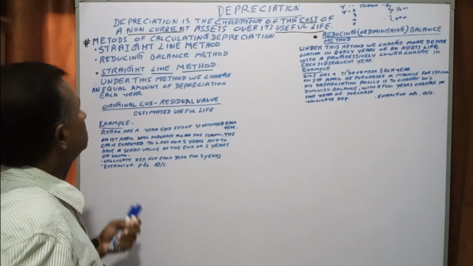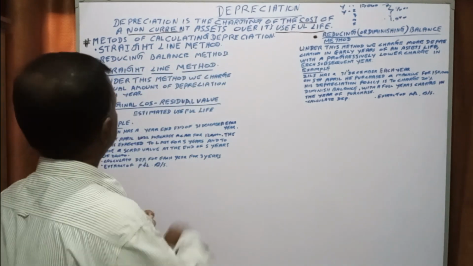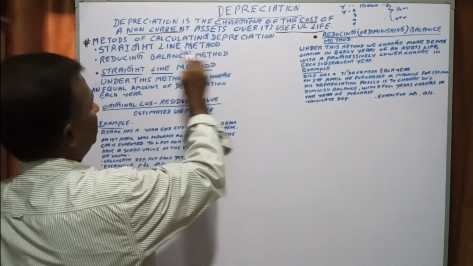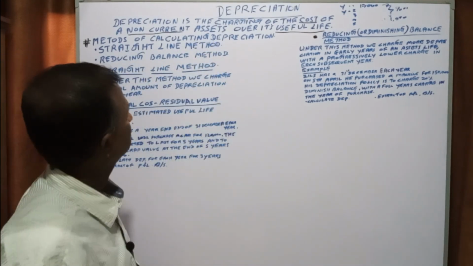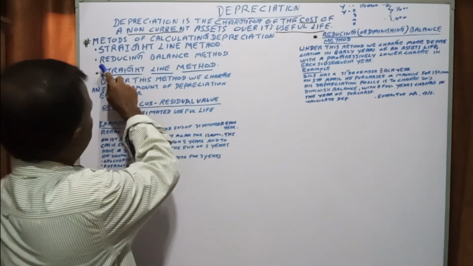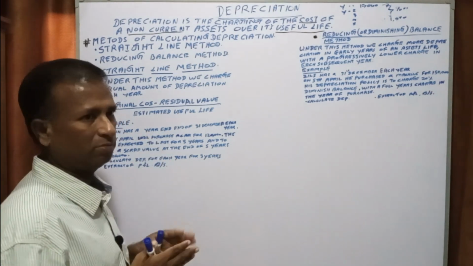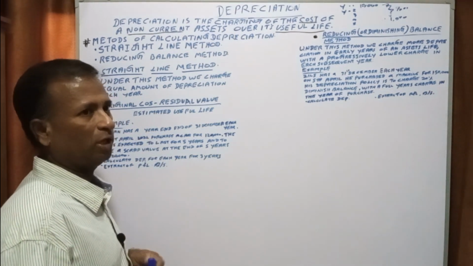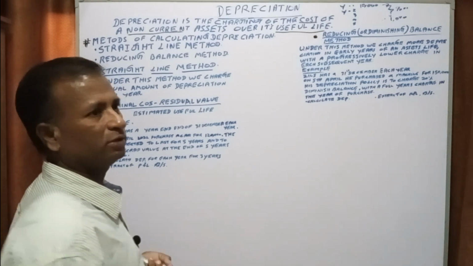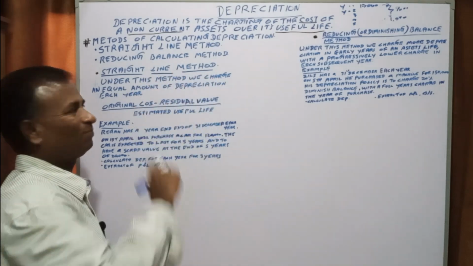One is the straight line method. Another method is the reducing balance method. You may wonder what the reducing balance method is and what the straight line method is. We are going to see.